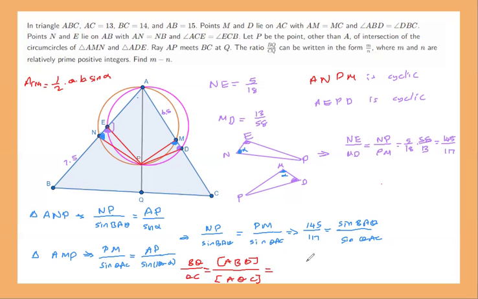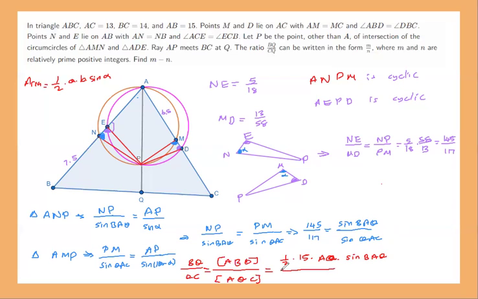If I write this formula, I know the two sides will be AB and AQ, and AQ is common in both triangles, which is going to actually help. I will take 1/2 times AB, which is 15, times AQ, times the sine value of BAQ.